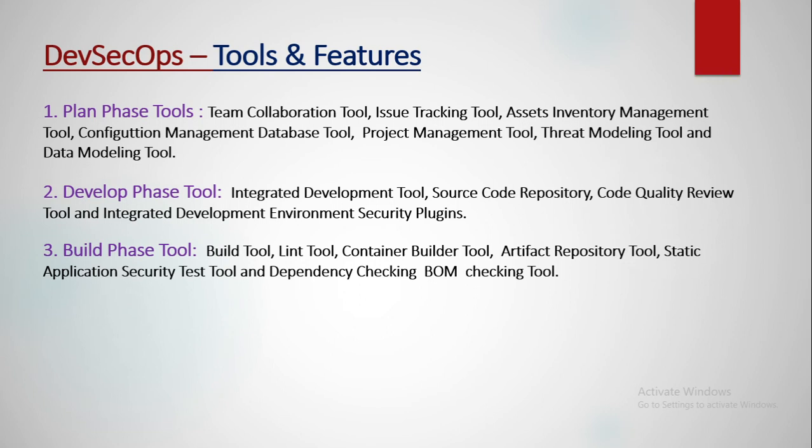Next one is build phase tools. In the build phase, we can use container build tools, artifact repository tools, and static application security test tools. Also, by using these tools, we can get a few benefits such as reduced human mistakes, increased code reliability, and finding errors before execution.